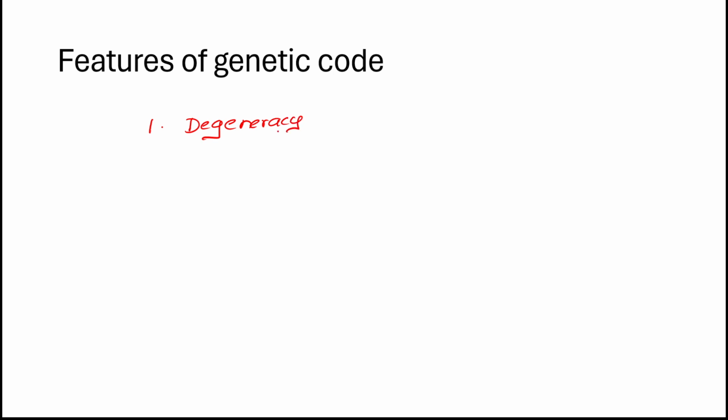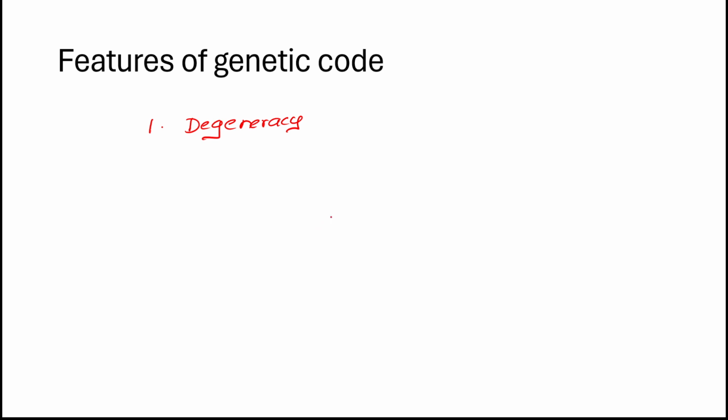Even though the specificity of genetic coding is there, what you usually see is that there are around 60 codons. So most of the time a single amino acid will have multiple codons. How is this possible? We'll be looking into this as the lesson progresses, but you should know that for a single amino acid there are multiple codons present.